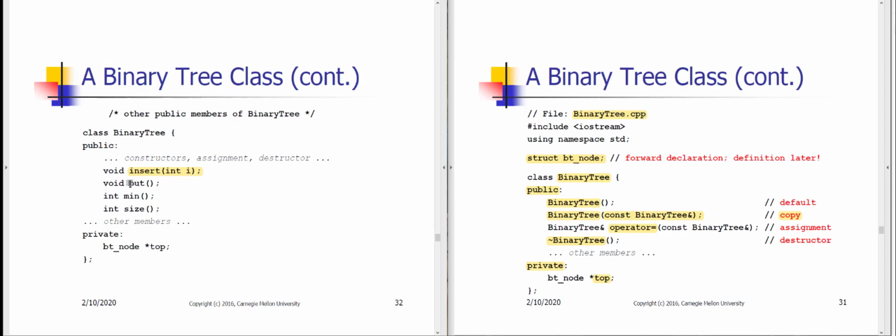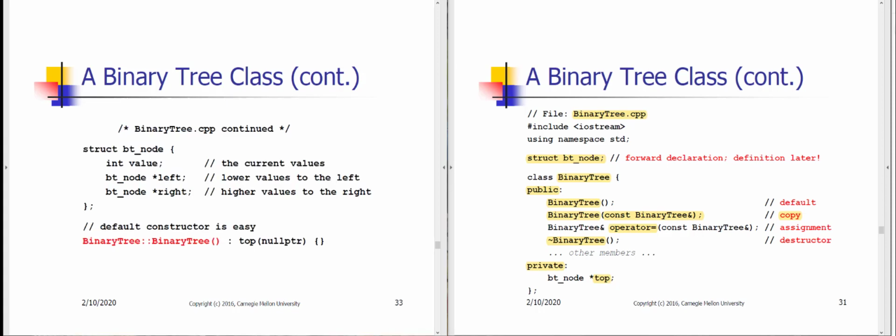We want to be able to put the binary tree to the cout, standard output stream object. We want to find out the minimum value stored in the binary tree. We want to be able to find out the size, that is the number of items within the binary tree, and so on. We can easily imagine other methods or member functions that we would like to be able to have our binary tree objects support.